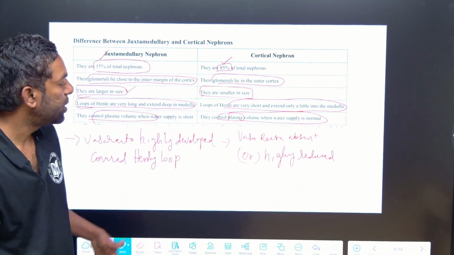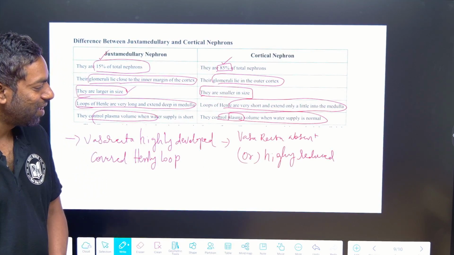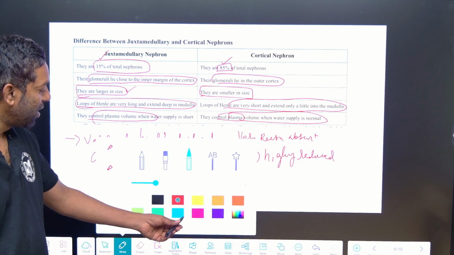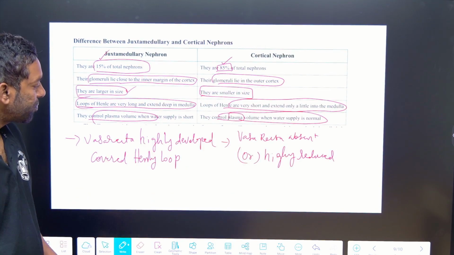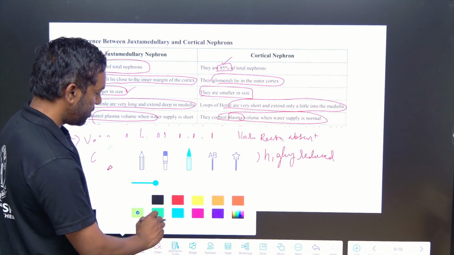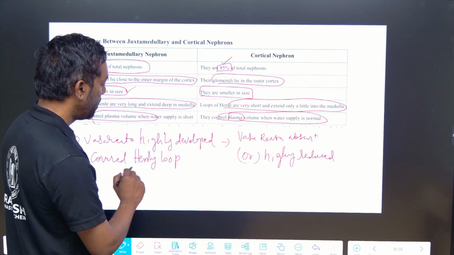Now, what is the vasa recta? It is a bit tough.